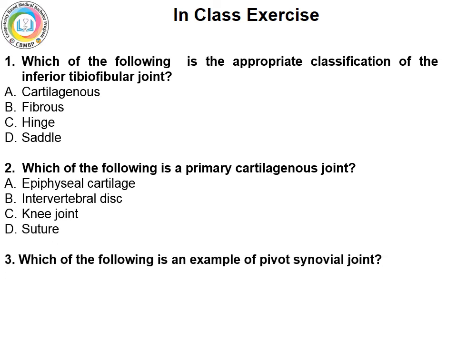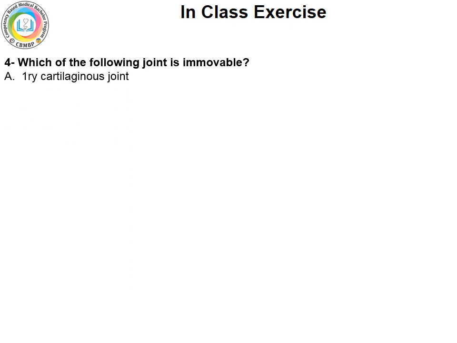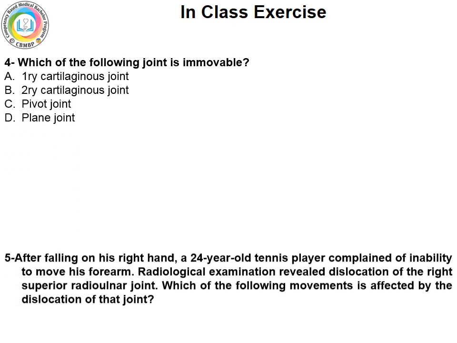Which of the following is an example of pivot synovial joint? Carpometacarpal joint of the thumb, metacarpophalangeal joint, shoulder joint, and superior radioulnar joint. Another question, which of the following joints is immovable, with no movement? Primary cartilaginous joint, secondary cartilaginous joint, pivot joint, and plane joint.